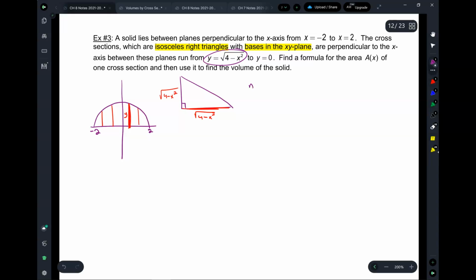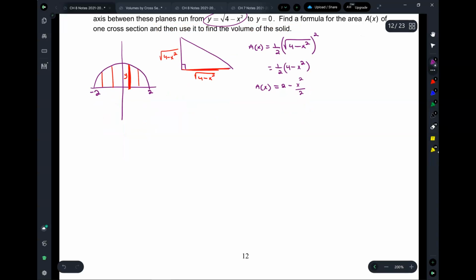So the area, A of x, is half of this thing squared. So this is half of 4 minus x squared. And then I like to write this as 2 minus x squared over 2, because I'm going to integrate.